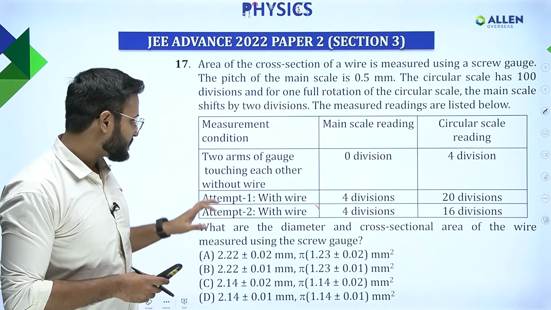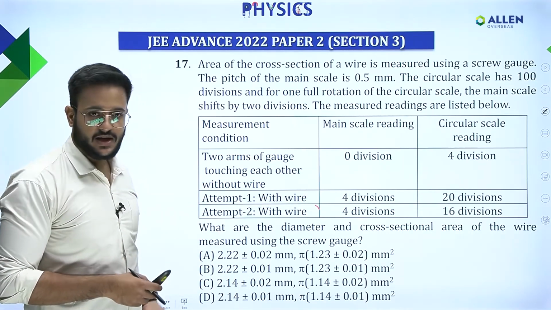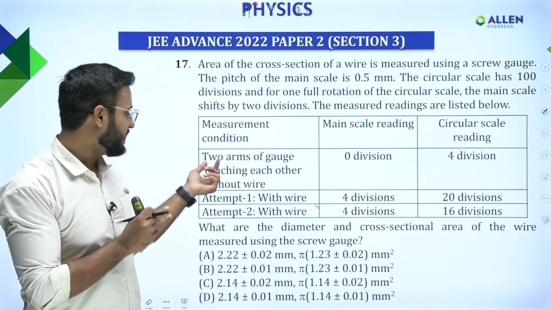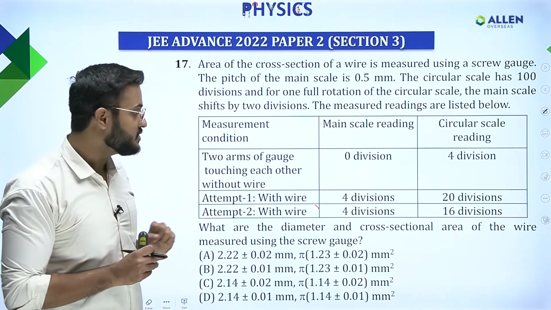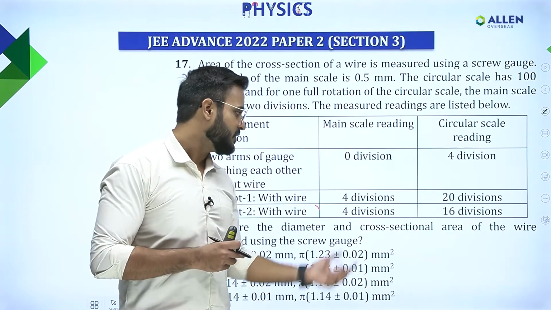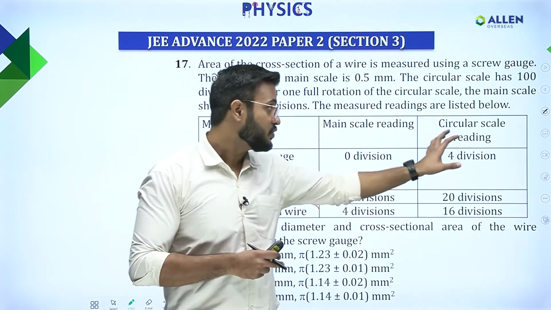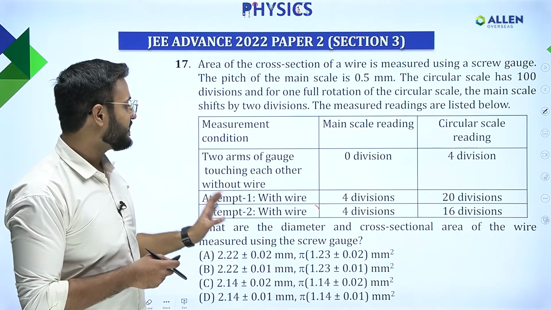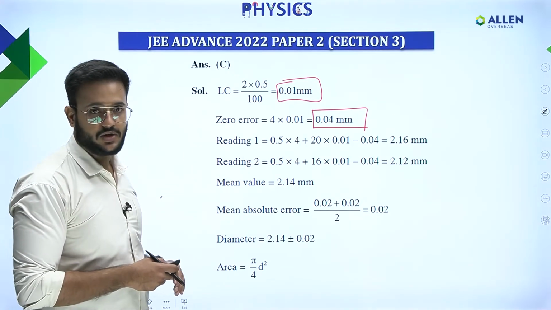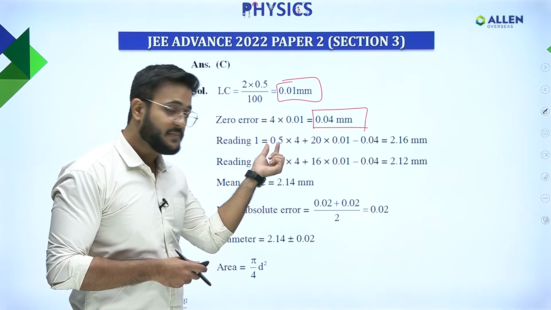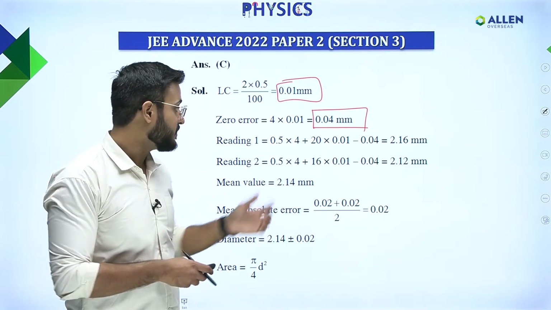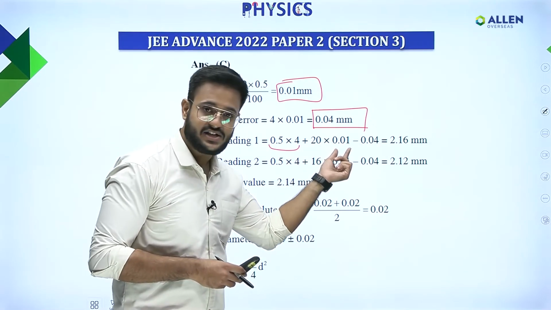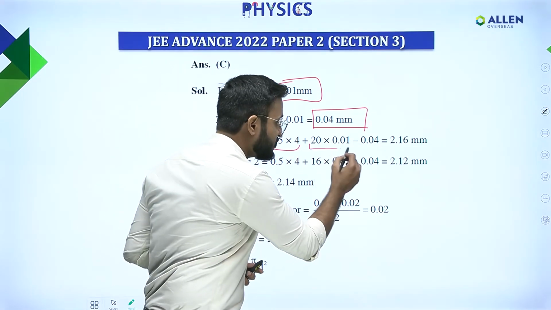Now attempt 1 with wire. When there is a wire between the two arms of the gauge, the main scale reading is 4 divisions, and the circular scale reading is 20 divisions. So if we want reading 1, that would be simply 4 times 1 main scale division, this is the main scale reading, and 20 times the least count, so 20 into 0.01.